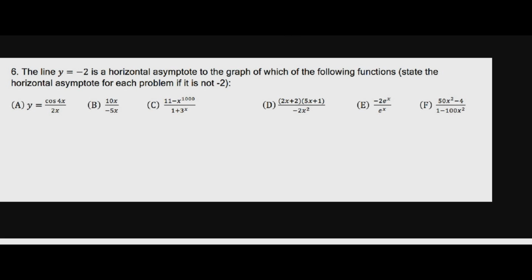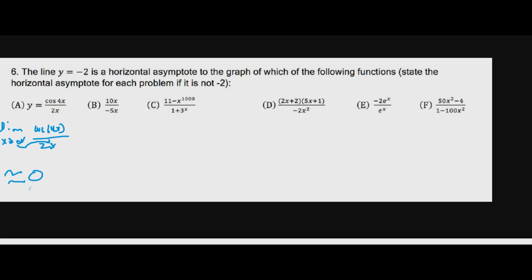Okay, last but not least, here's this problem. We've done many problems like this before, so hopefully you're starting to feel pretty confident in these. We want to find the horizontal asymptote, so that's the end behavior. Look at this problem here, the limit as x approaches infinity of cosine of 4x divided by 2x. We showed on the other problem, cosine oscillates between 1 and -1. So the y values as we approach infinity are just going up and down, wave-like. As we plug in infinity, the denominator is going to get way bigger than the numerator.